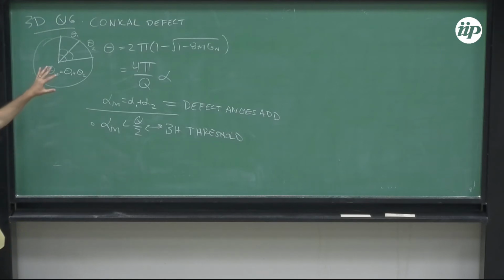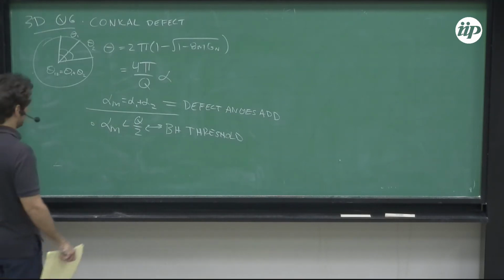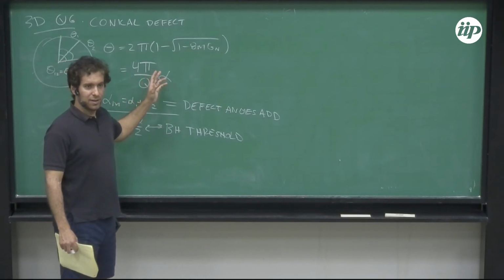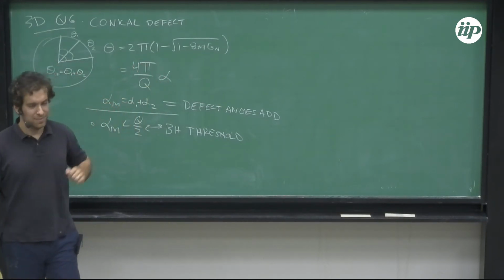I'm assuming scalar when I write this. If you have a spinning defect, the formula relating the angle with alpha is slightly different, and I can't remember off the top of my head, but yeah.